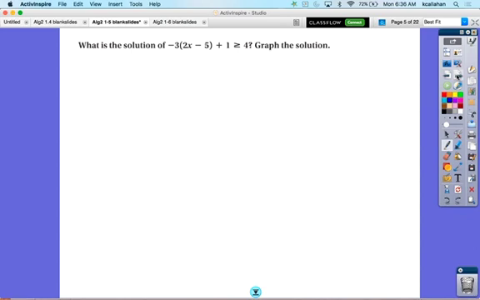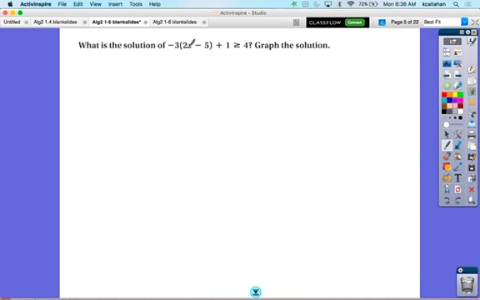All right, so here's an example, and you have to think to yourself, how do we solve equations? What do you get rid of first? This x is buried within this expression, which is inside parentheses.